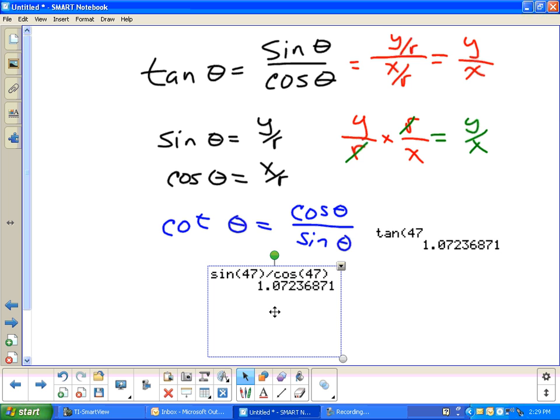Now, I want to skip ahead. When is this useful? It turns out when you get into calculus, you're going to do things like find the integral, which is like the area underneath a curve. And you might find the area underneath a tangent curve. And it turns out you can't immediately use that, but you'll learn in calculus that if you convert tangent to sine over cosine, you can do things like take the integral of it.